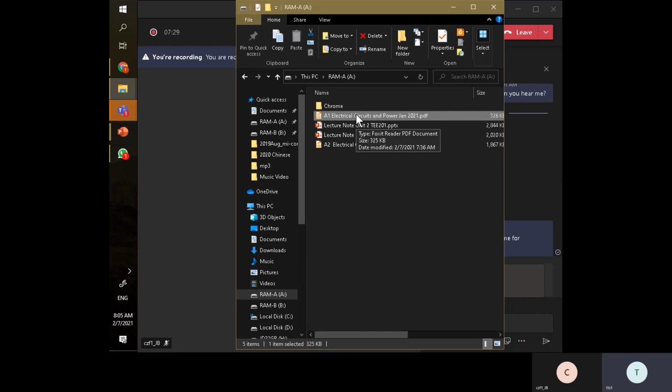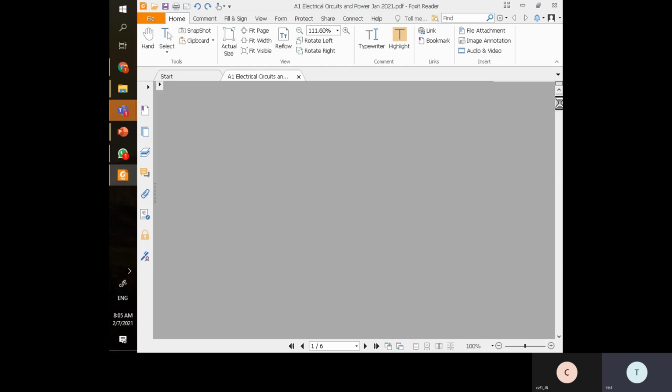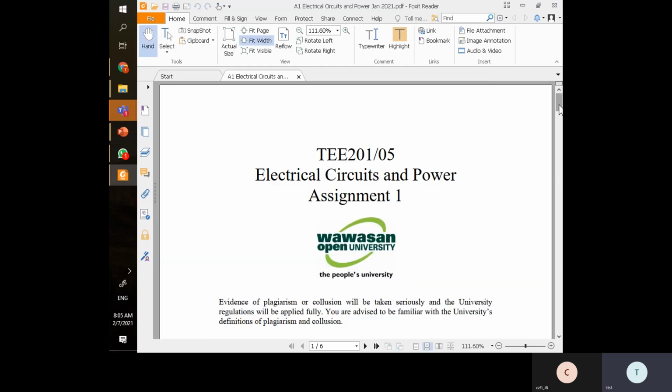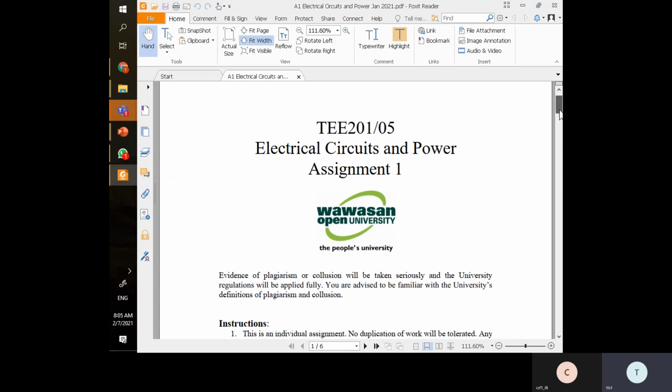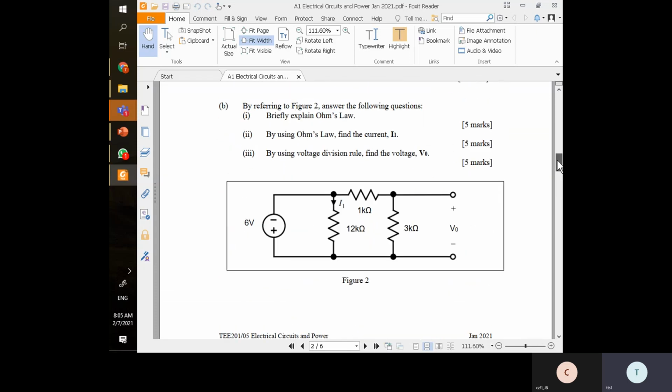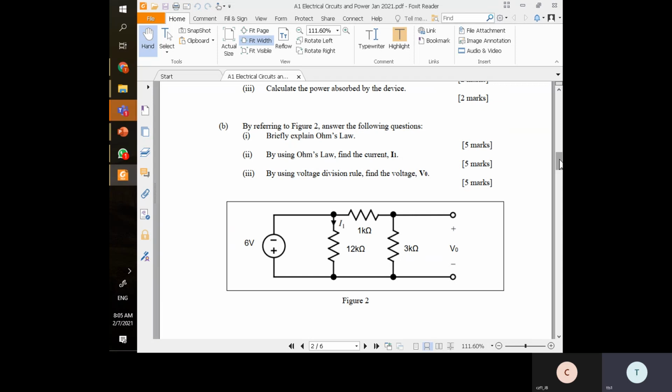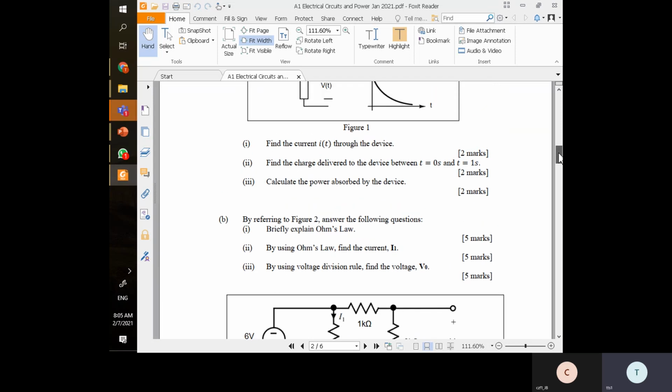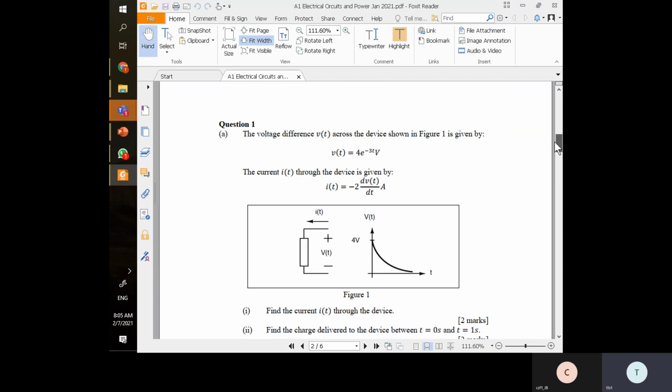I'm not sure whether you have already submitted your assignment 1 or not, but you still have time to do it if you haven't done so. Usually our CC will allow you to submit a bit late after the due date, so you don't have to worry too much about your assignment number 1.